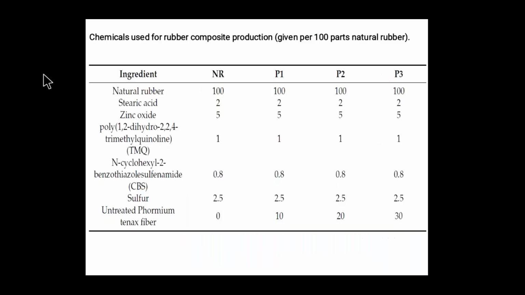These are the chemicals I used for the fabrication of the chromium 10X fiber reinforced natural rubber. Initially, the ingredients are natural rubber, stearic acid, zinc oxide, TMQ, CBS, sulfur, and untreated chromium 10X fiber.